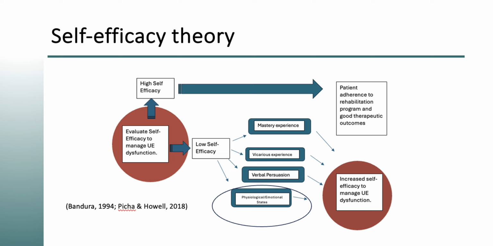Then the next one, vicarious experiences, occurs when clients observe others overcoming similar challenges and they're able to mimic what they see. Verbal persuasion involves providing feedback throughout exercise sessions to increase self-efficacy.